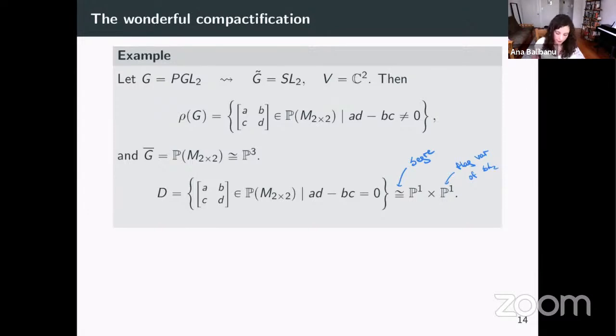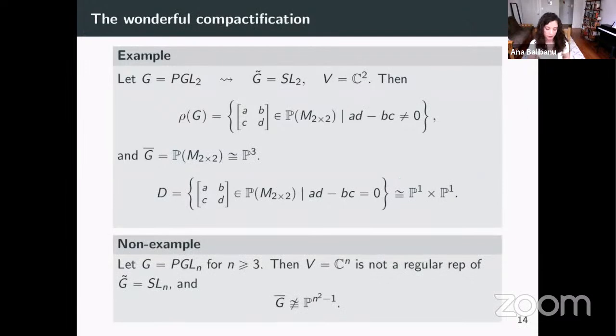Okay, and then I also have a non-example to say that this doesn't generalize to PGLN for larger values of n, because in this case, the standard representation is not a regular representation anymore. It's one of the representations that generate the dominant Weyl cone. So it sits on the edge. And so the wonderful compactification of G is not just an n² - 1 dimensional projective space, it's something more complicated.